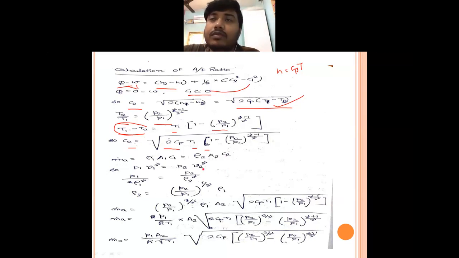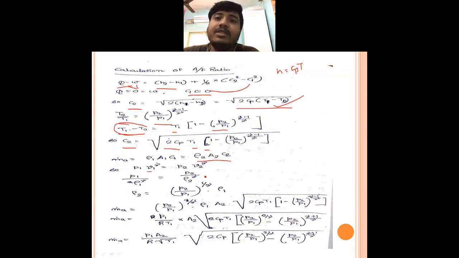So we will stick to rho A2 C2 because we have got the value of C2. If we use the formula for adiabatic process again, P1 V1 to the power gamma is equal to P2 V2 to the power gamma. V is the specific volume, which is the reciprocal of the mass density of the fluid.